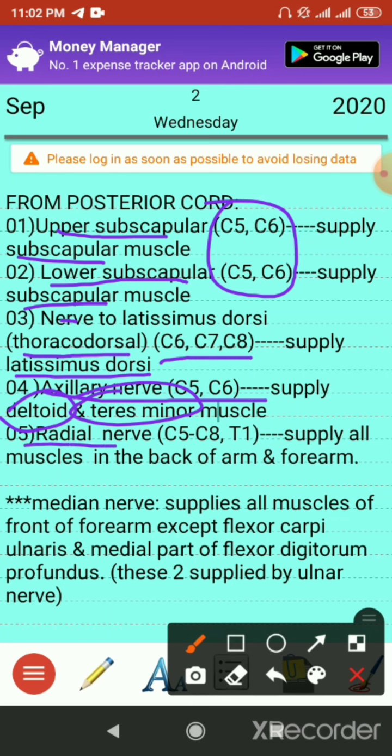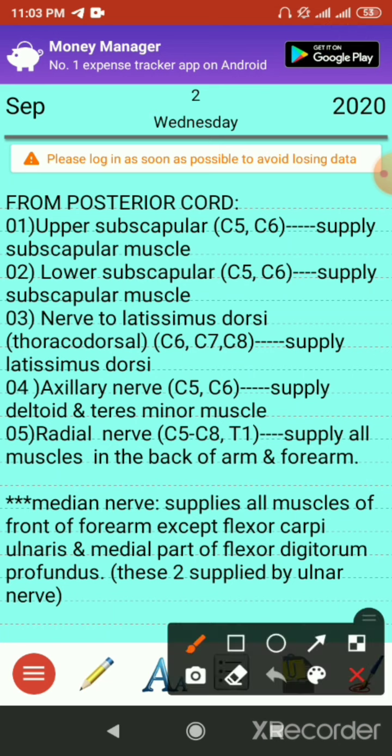And the radial nerve, its root value comes from all the roots, that means cervical 5 to thoracic 1, and it supplies all the muscles in the back of the arm and forearm, because the radial nerve lies posterior to the humerus. So naturally it will supply the muscles of the back of the arm and forearm.